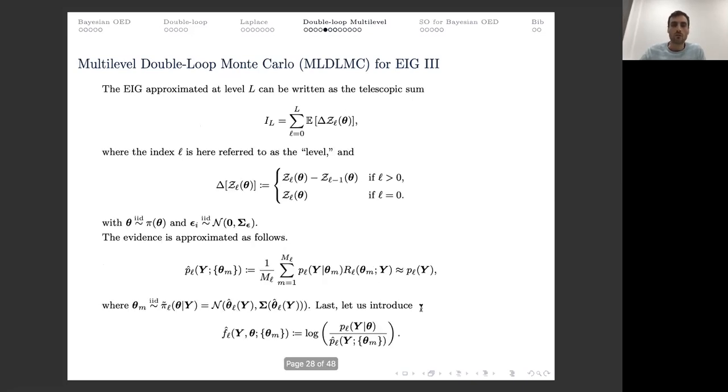We can now define the expected approximation gain at the finest level L as a telescopic sum of the expectation of delta Z_L. The delta Z_L, represented in the second equation, is the difference between the results of two different meshes using the same underlying realization. So it's the same randomness; the only change here is the mesh.